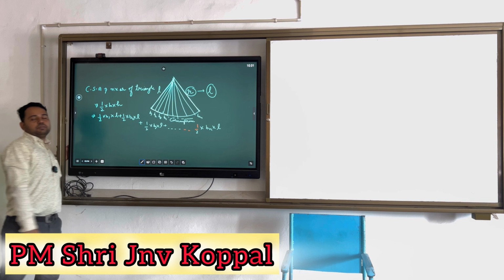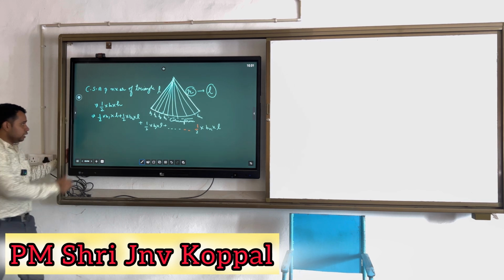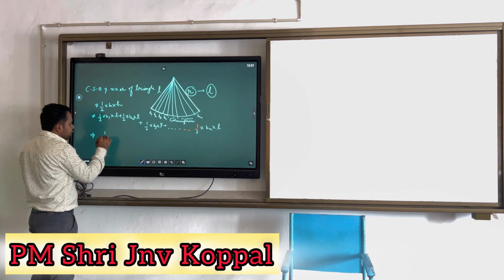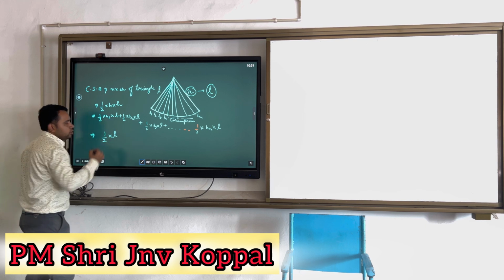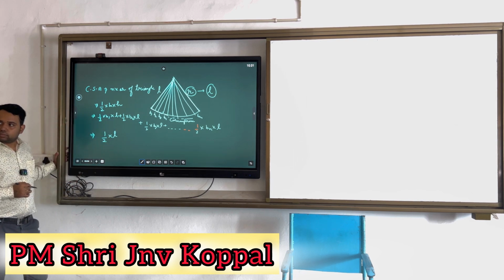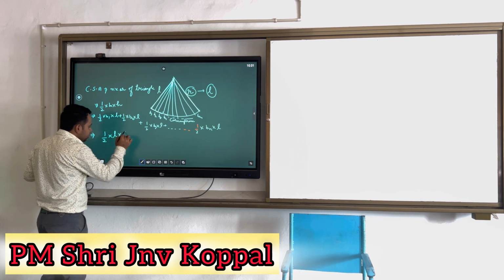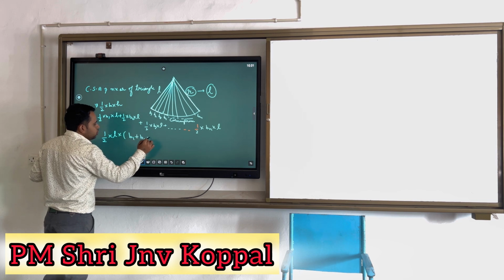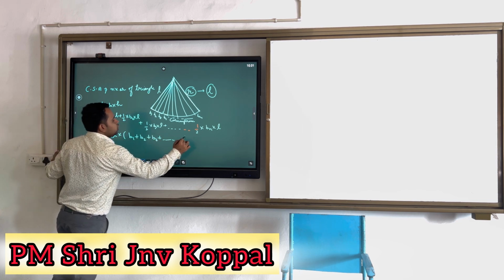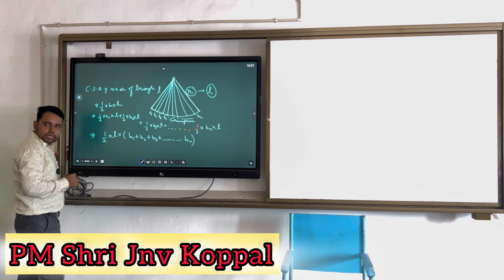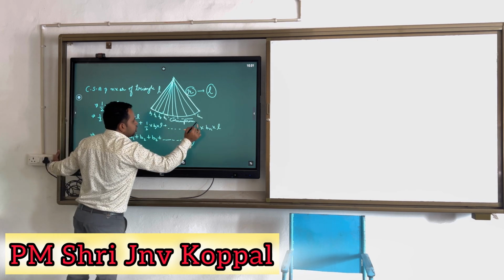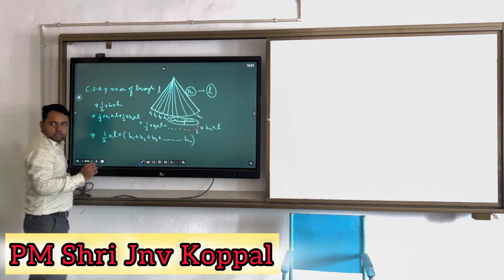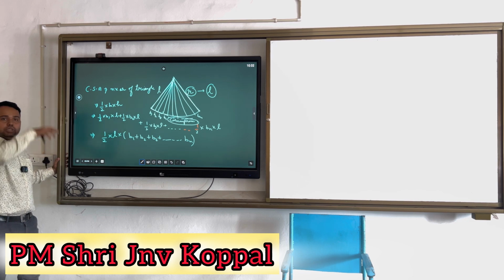Are you understanding this? What thing can I take common here? Half into L. So what will remain? B1 plus B2 plus B3 plus so on up to Bn. And I told you B1 to Bn is the circumference of the new circle, the base part of the cone.